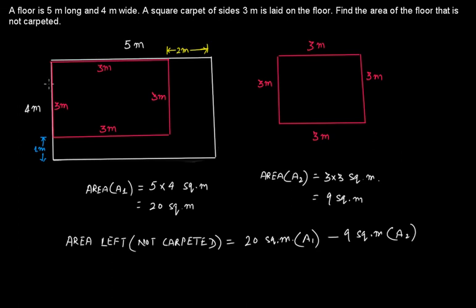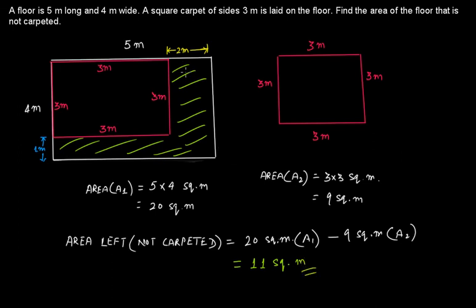A1 minus A2, and what will it tell us? It will tell us this area that could not be covered, and this will be equal to 20 minus 9, which is 11 square meter. So this area left will be 11 square meter that could not be carpeted.